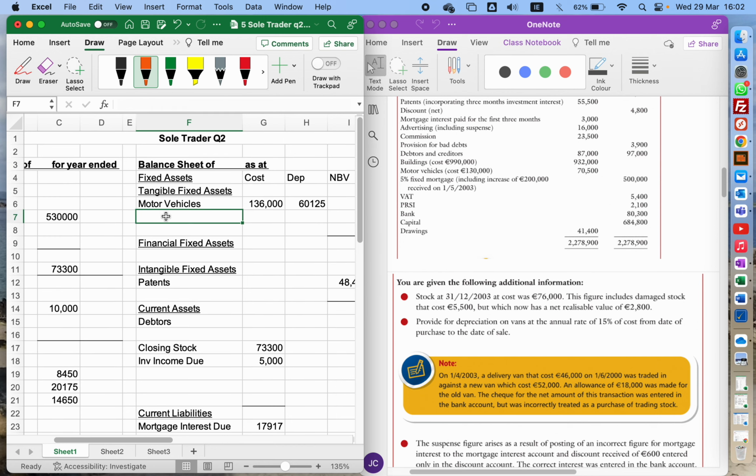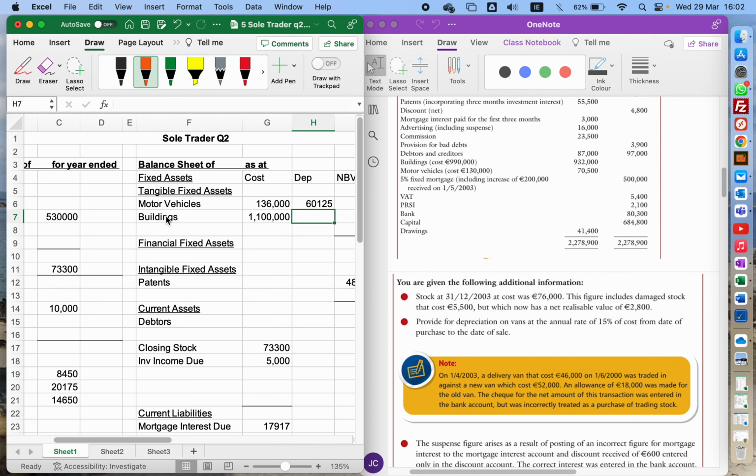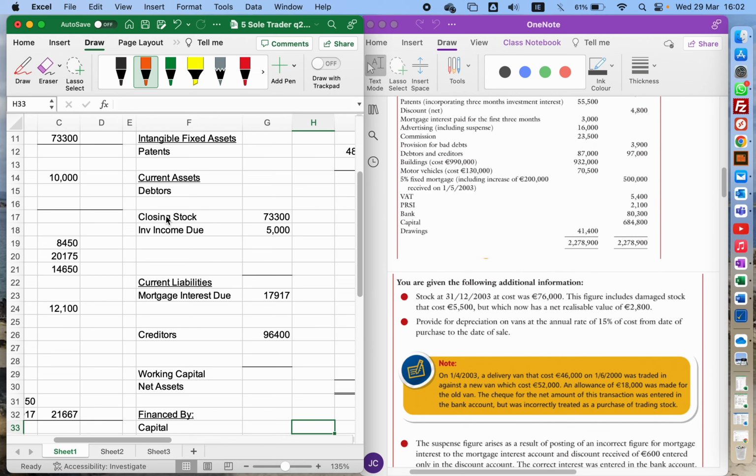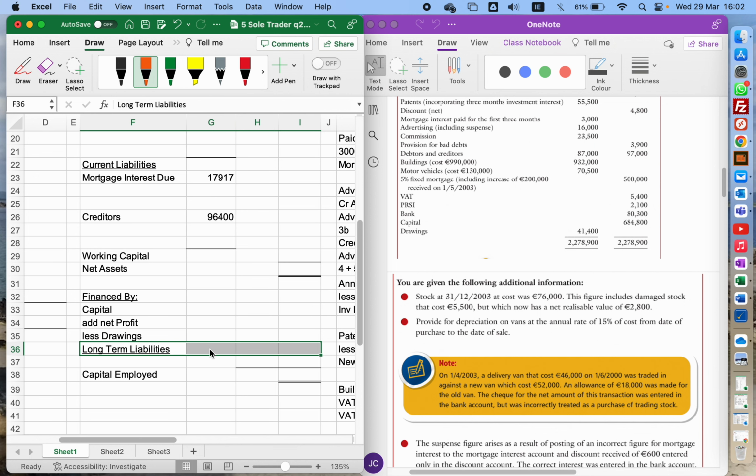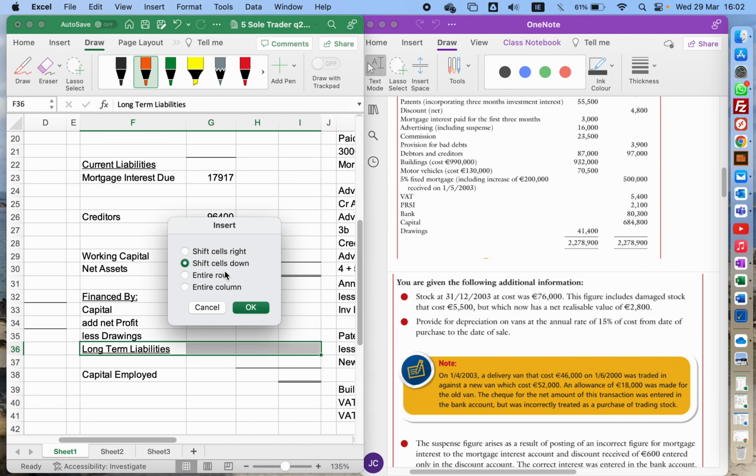So we have land and buildings, or I think they just call it buildings. So 1.1 million. The provision for depreciation is 0 because we've cancelled all of it. And down here we're going to have in financed by, I'm just going to squeeze this in, a revaluation reserve.